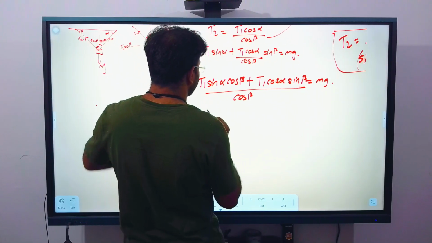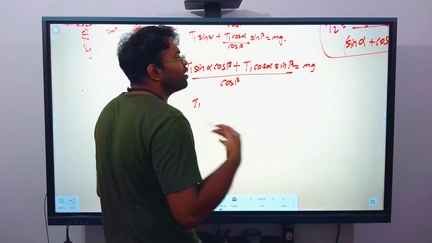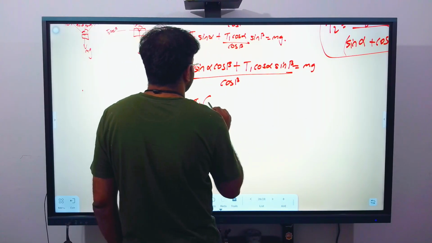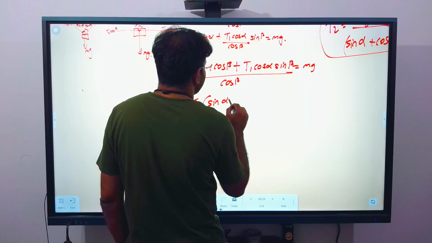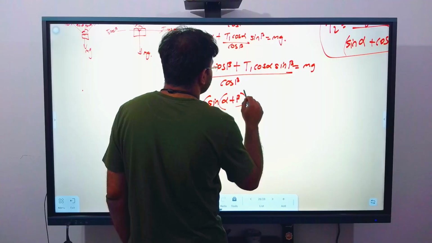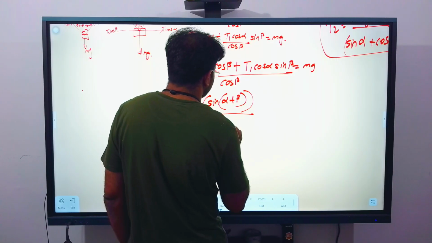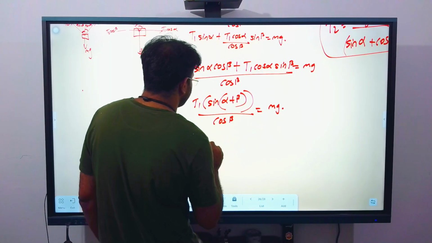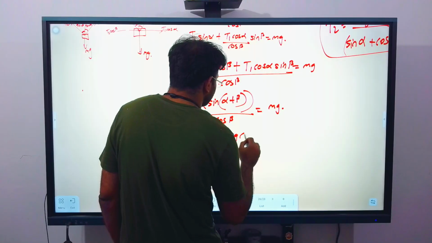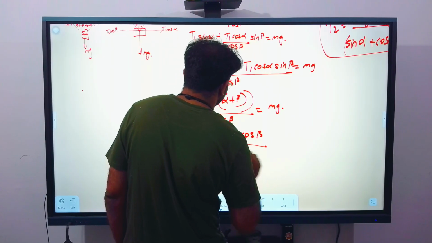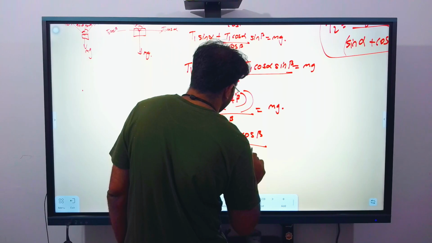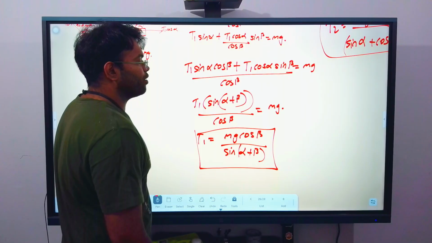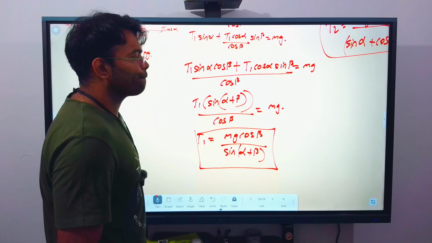Therefore, what they did was T1 times sine alpha cos beta plus cos alpha sine beta, which is how much? Sine of alpha plus beta. T1 sine alpha plus beta upon cos beta is equal to mg. Therefore, T1 is equal to mg cos beta upon sine alpha plus beta. This is what they got. Okay, clear?